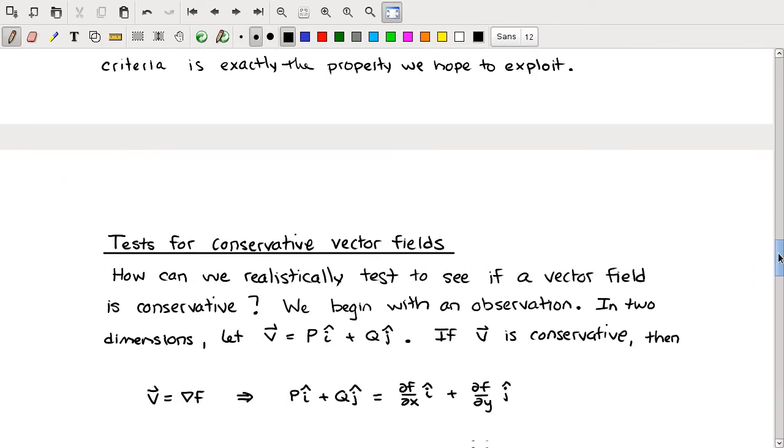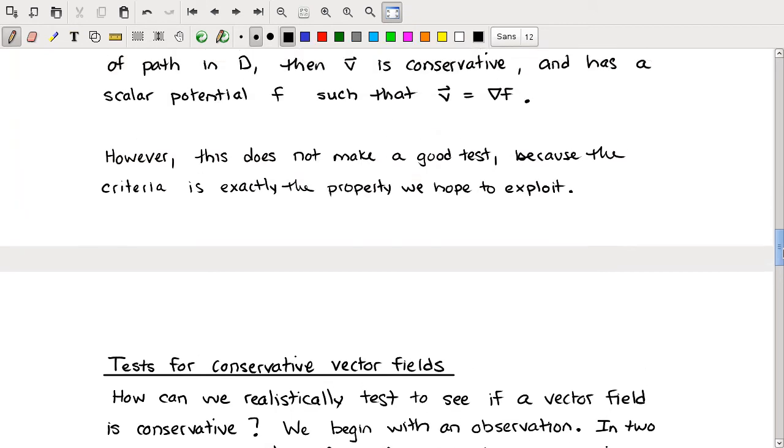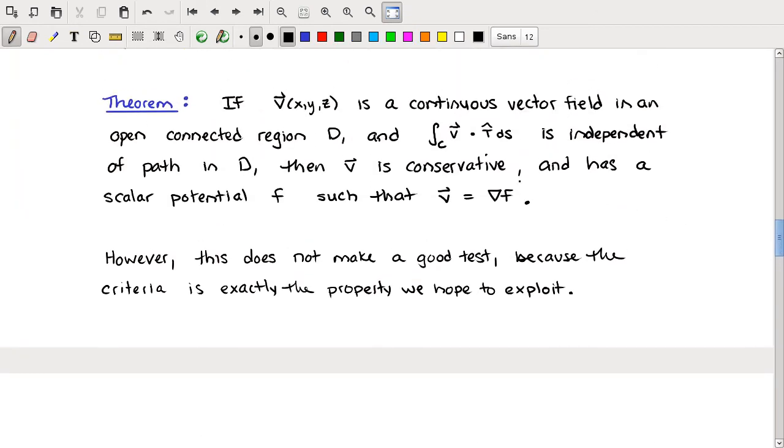Okay, let's move on. We have these nice properties of conservative vector fields, and a natural question is, how do I tell whether or not a vector field is conservative? What makes a good test for the conservativeness of a vector field? Unfortunately, this theorem doesn't provide us with such a test, because the condition it states is that the line integrals are independent of path.